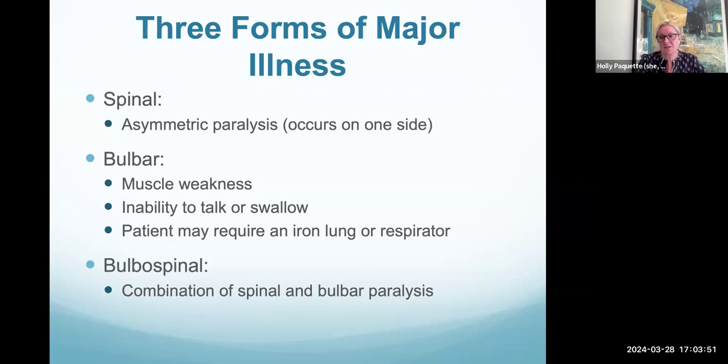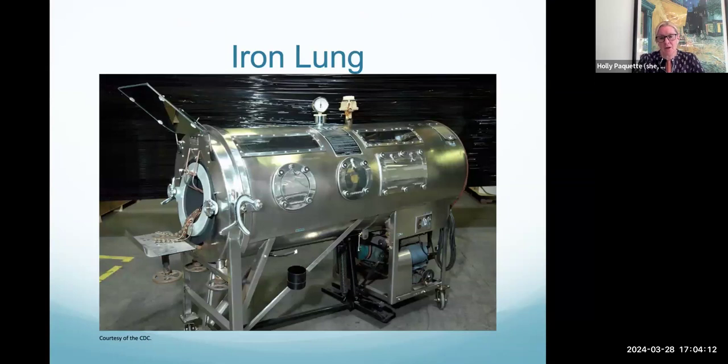Many of these patients required what we called an iron lung, basically this machine that allowed them to inhale and exhale, where the machine did the work for them. And then some people had a combination of the two, meaning that they had asymmetrical paralysis along with this problem with the respiratory system.